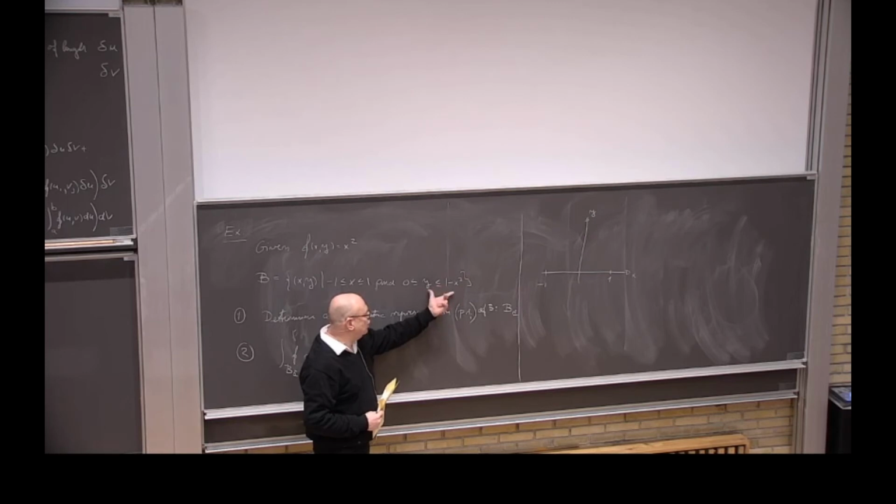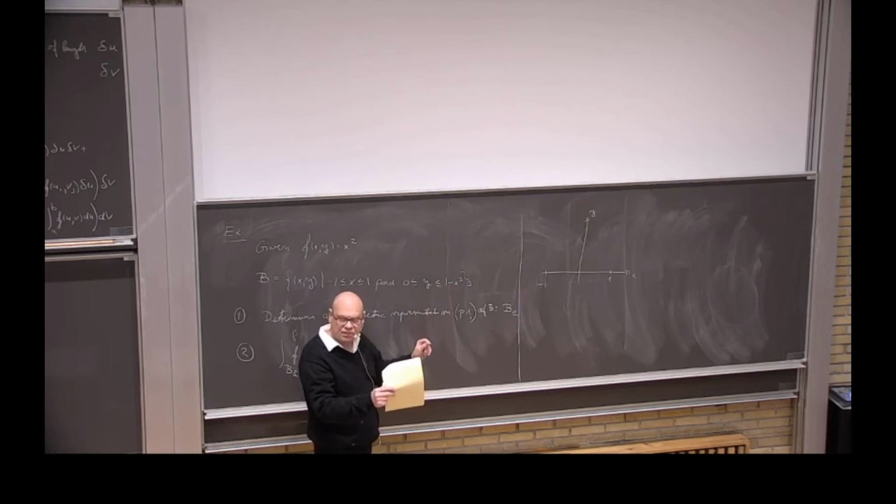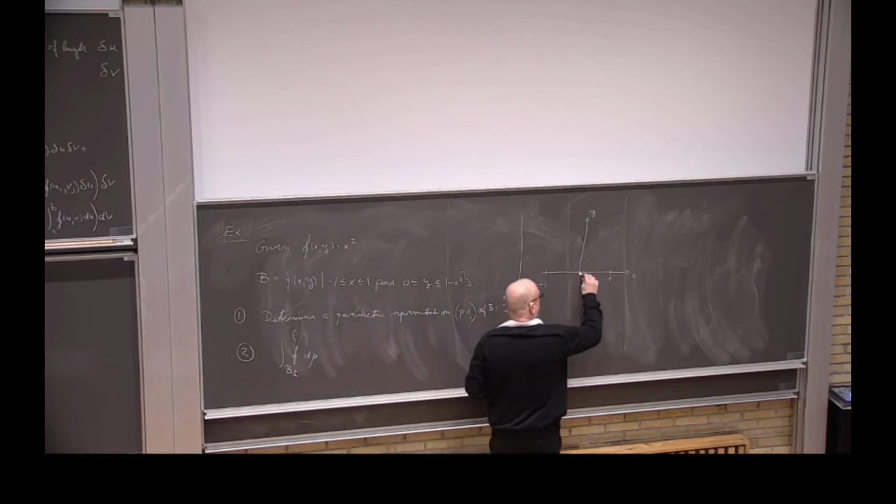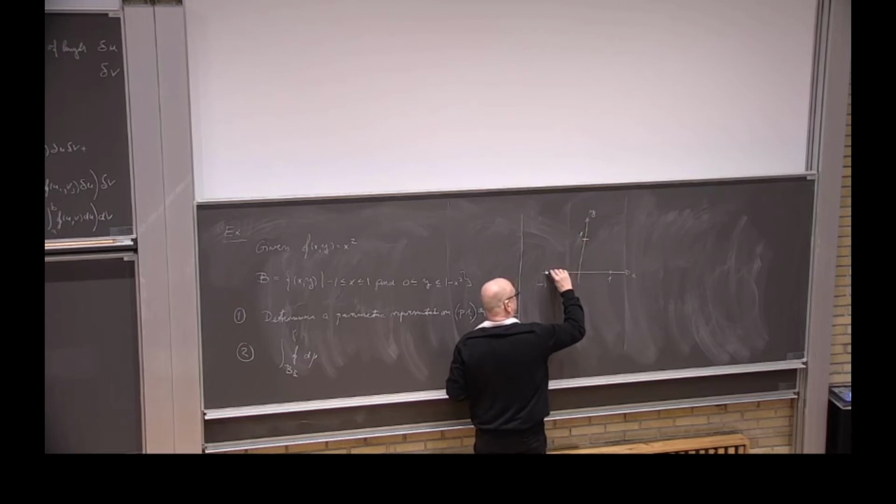It's a parabola, and it has a minus sign, so it's bending downwards. And then it is moved from the normal position 1 up. So this will be the vertex of the parabola here, and it's pointing downwards.